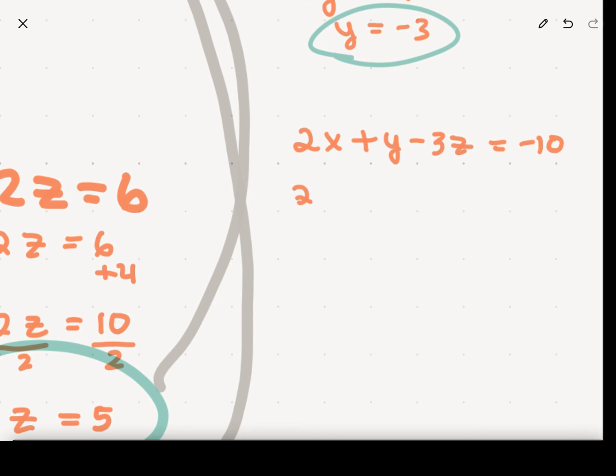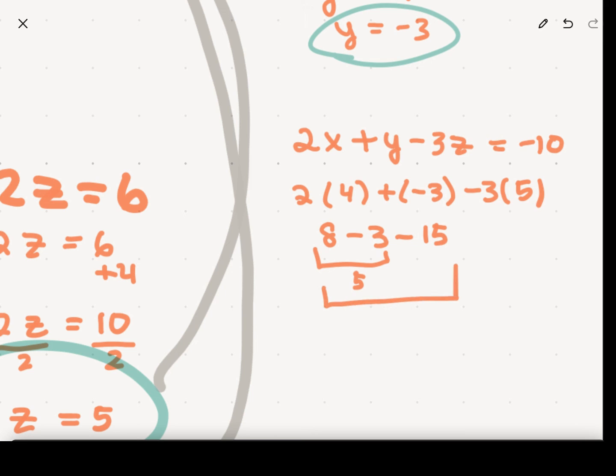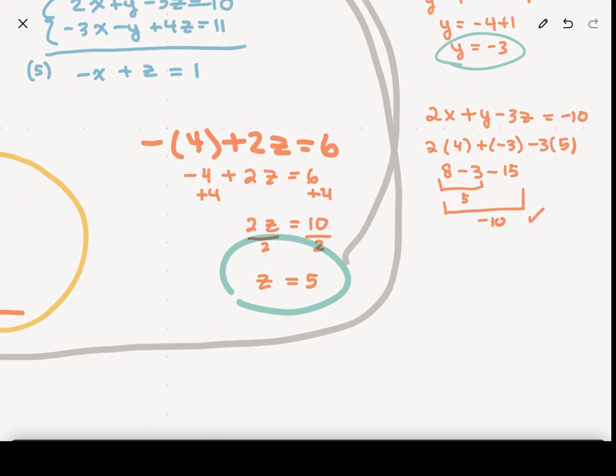I am plugging 4 in for x, negative 3 in for y, and 5 in for z, and I want to see if the answer is negative 10. That gives me 8 minus 3 minus 15. 8 minus 3 is 5, and 5 minus 15 is negative 10, and that is what I wanted to get for an answer. So that looks good.